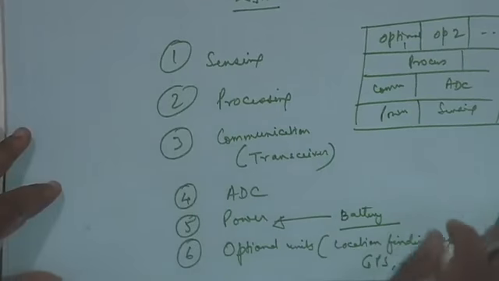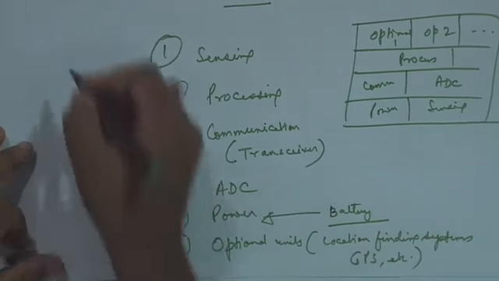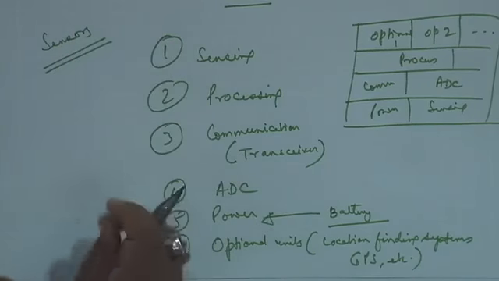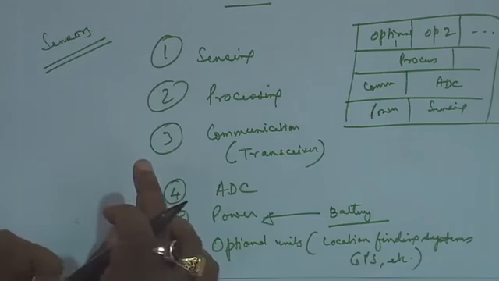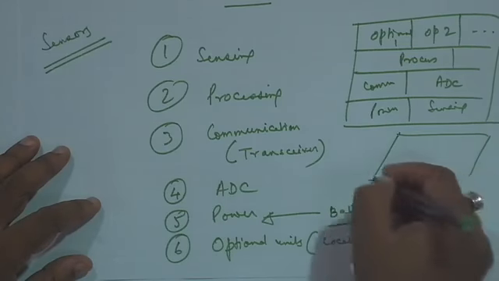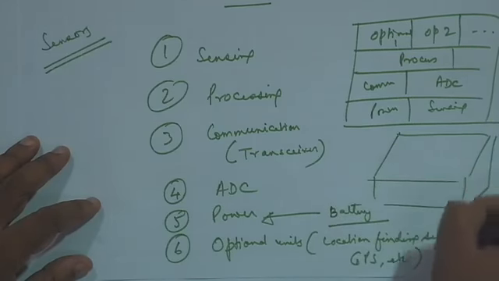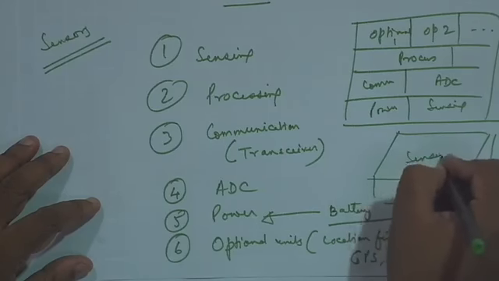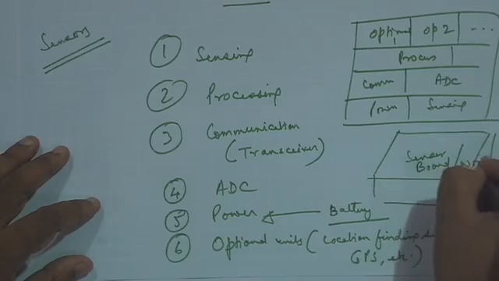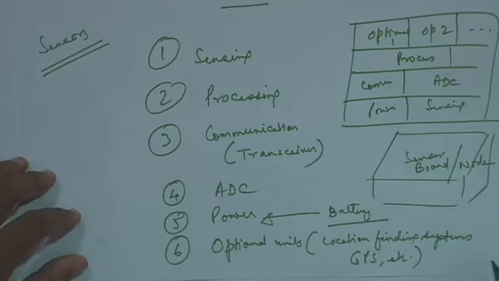If you recall, in one of the previous lectures when we talked about sensors, we also talked about the different types of sensors. So, we have to develop something like a sensor board. This becomes a sensor board or a sensor node or a sensor device.